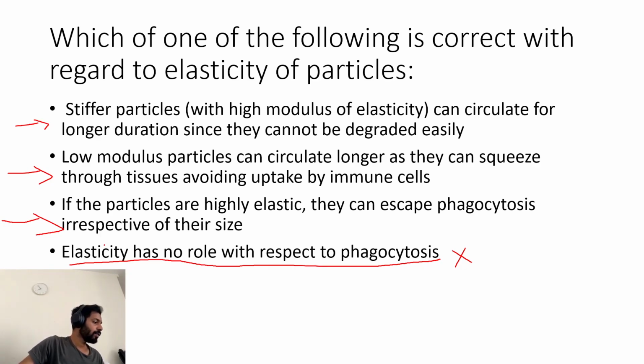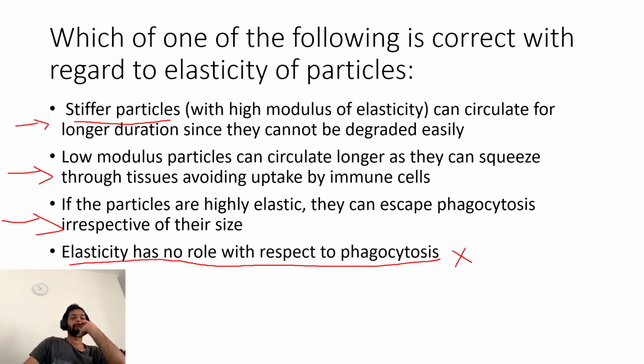What do you guys think? So if the modulus is higher, the particle is stiffer. And if the modulus is lower, the particle is softer. And I've just told you that RBCs circulate in blood for months because of their relatively low modulus of elasticity.